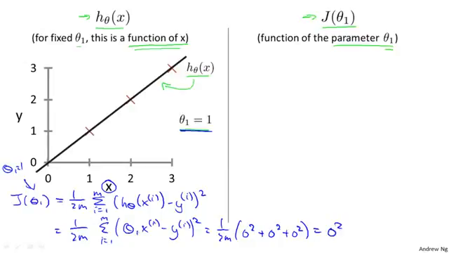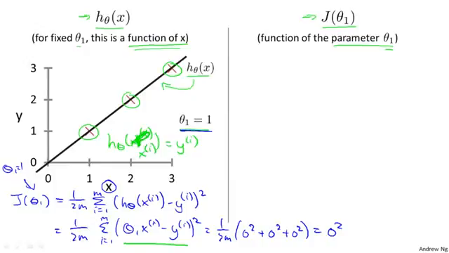Now, inside the cost function, it turns out each of these terms here is equal to 0 because for the specific training set I have, where my 3 training examples are at (1, 1), (2, 2), (3, 3), if theta 1 is equal to 1, then h of x i is equal to y i exactly, right?